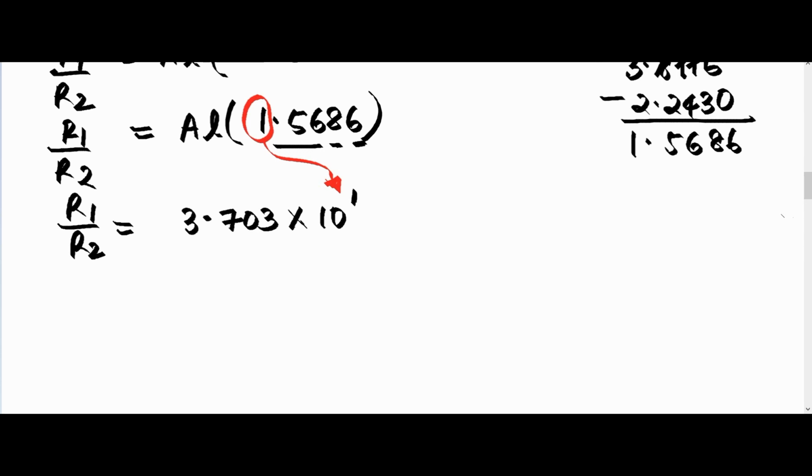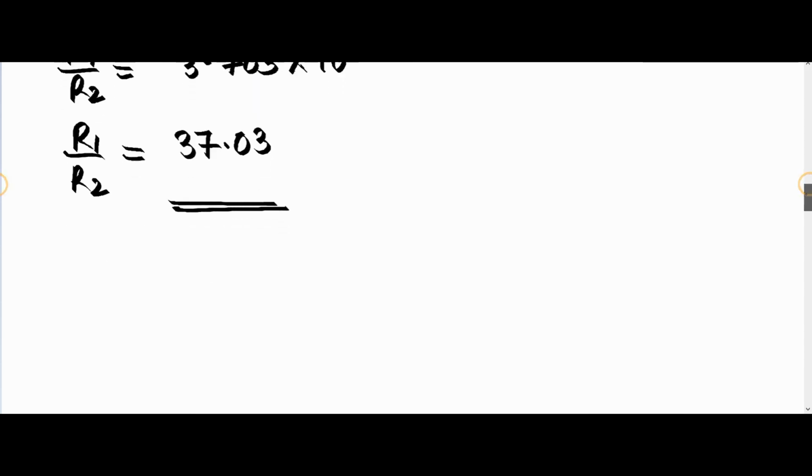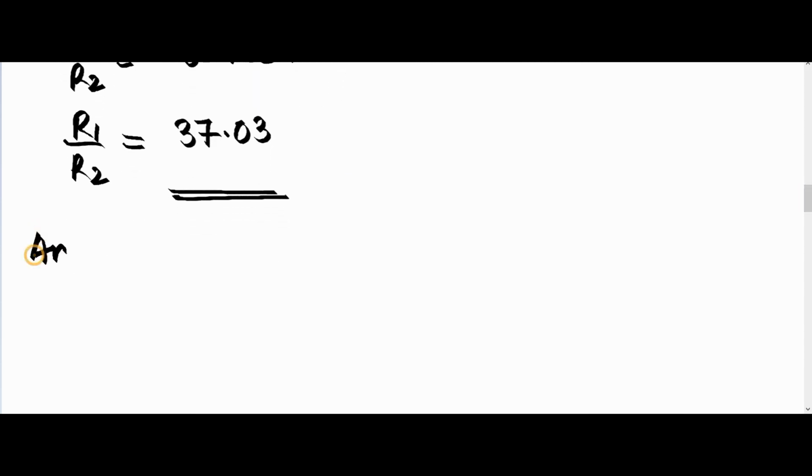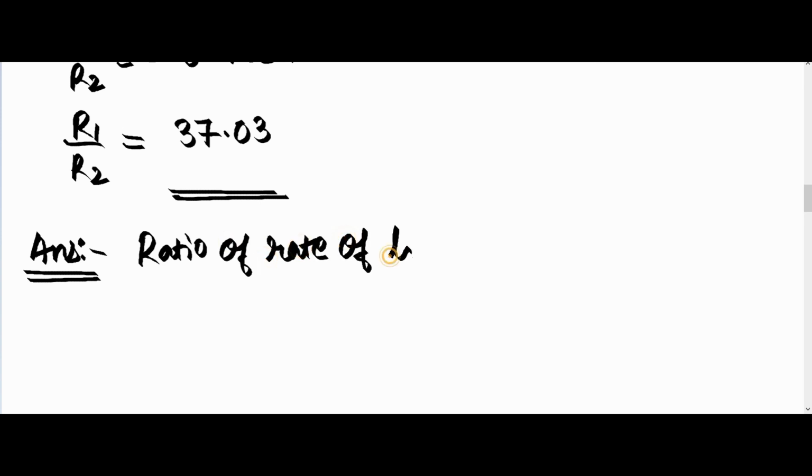On adjusting the decimal point, we get R1 upon R2 is equal to 37.03. So this becomes a unitless quantity because it is a ratio of two same terms. So the final answer to this is that the ratio of the rate of loss of heat is 37.03.